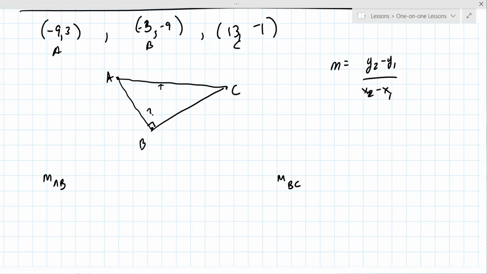Wait, that's wrong. Minus 3 over. So it's negative 2. So you got the slope of this one as -2? Yes.